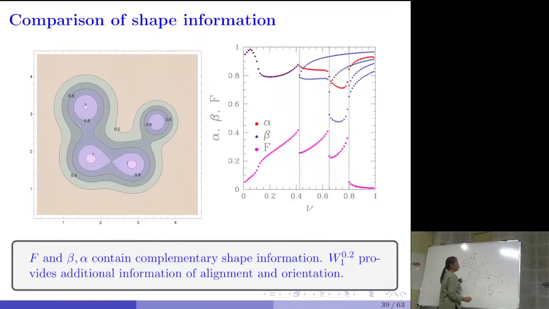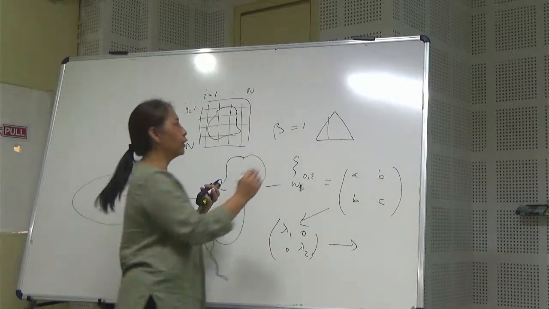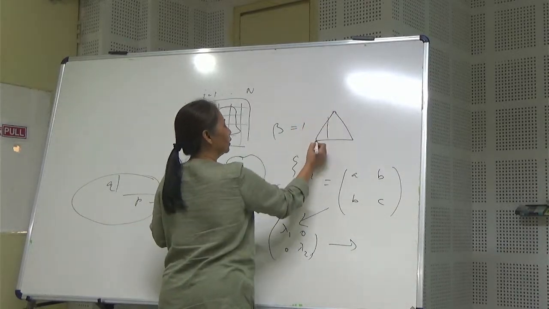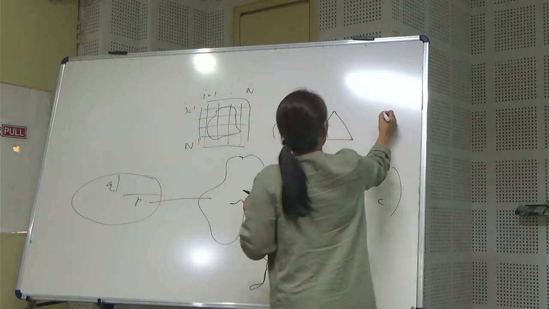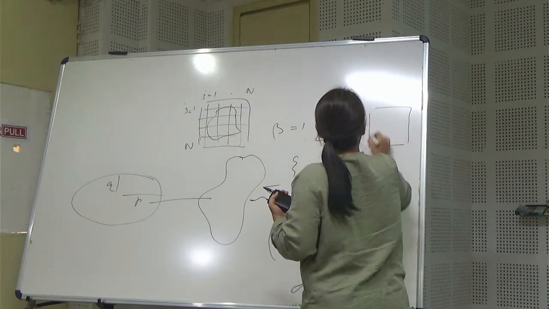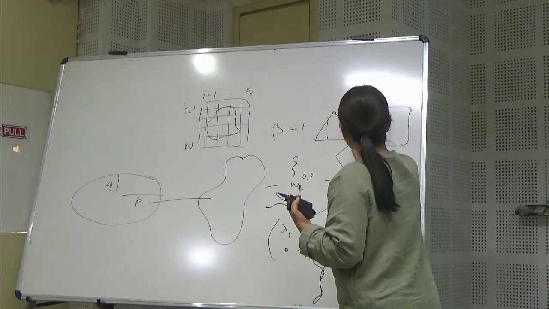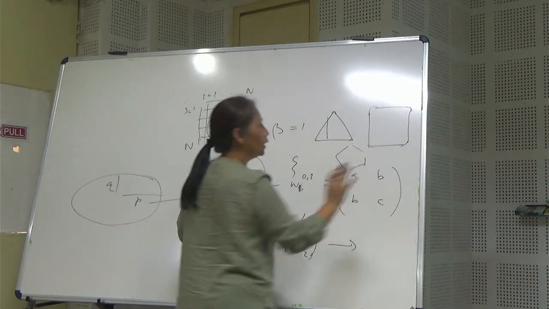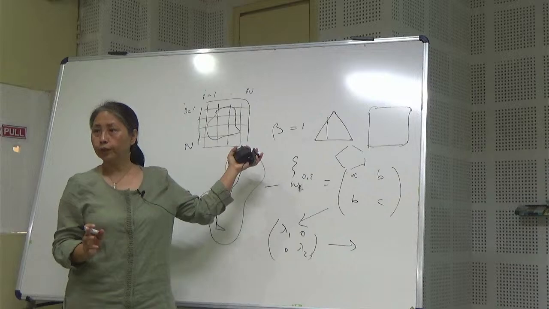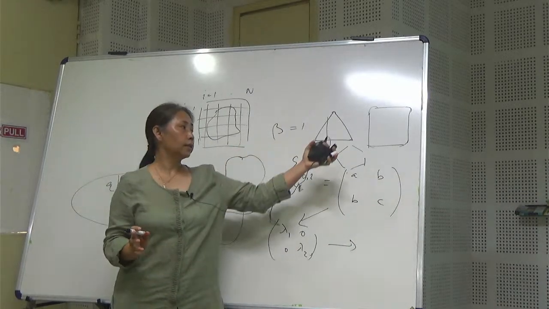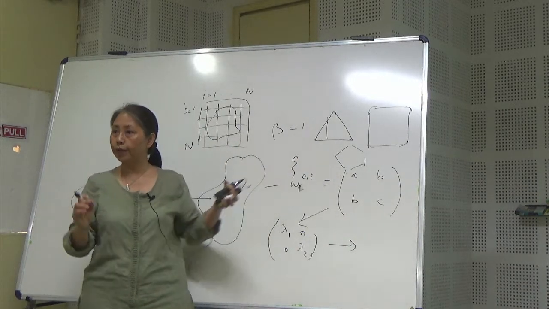Beta equal to 1. We will start with a triangle. Since we are doing smooth curves, we will smoothen this. Or a square, smoothened, and a pentagon. All of these will give the same beta. It does not recognize these additional shape differences.